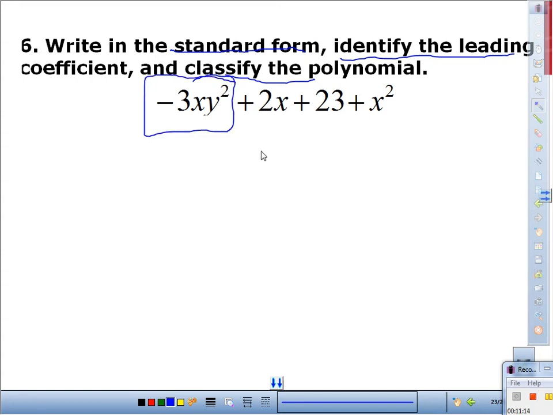So I start with this one. What is the degree for this one? 3. Tell your neighbor why that one is 3, please. Alright, Ryan, why is that one a 3rd degree? Help him out, Samantha.